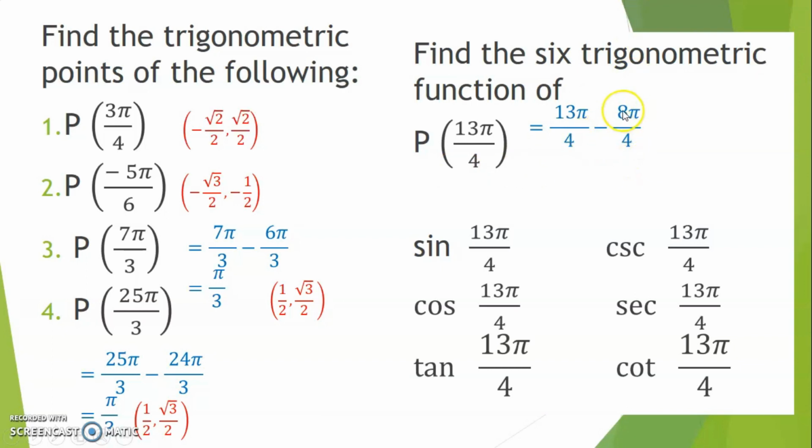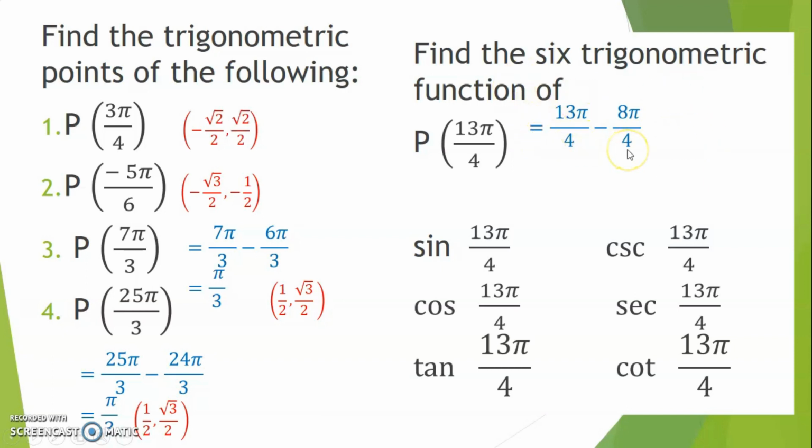Because 8 divided by 4 gives you 2, or 2 pi, but 12 divided by 4 gives you 3 pi. It's not one rotation. So again, the one that you subtract should always give you an even multiple. Why? Because one rotation is 2 pi, and 2 pi is even.